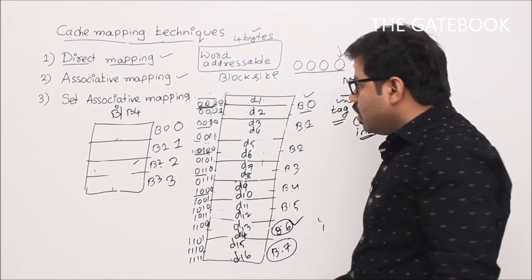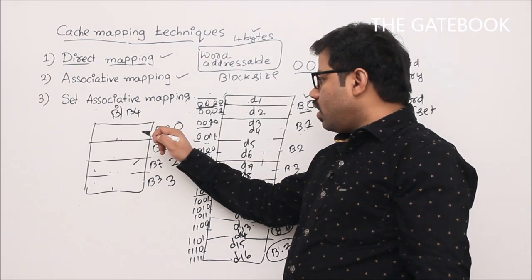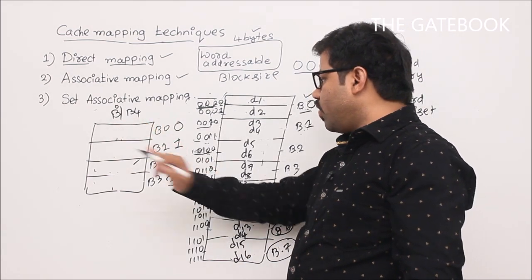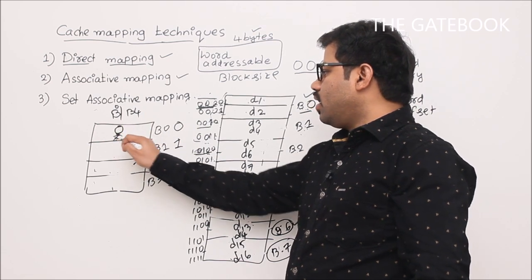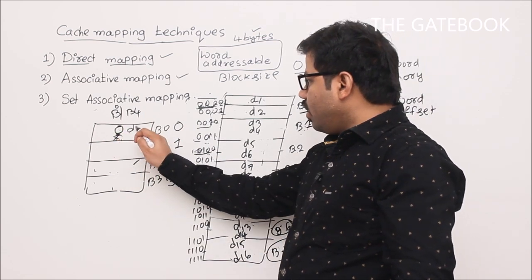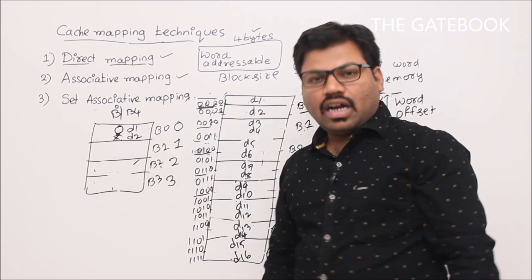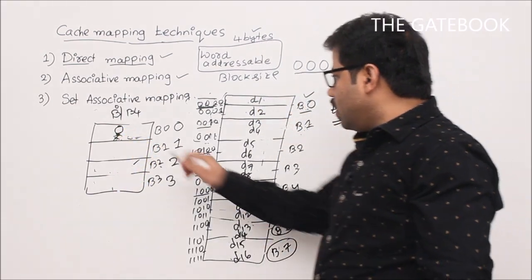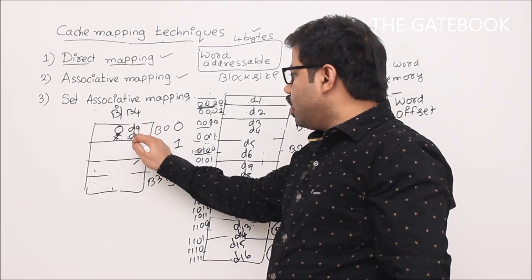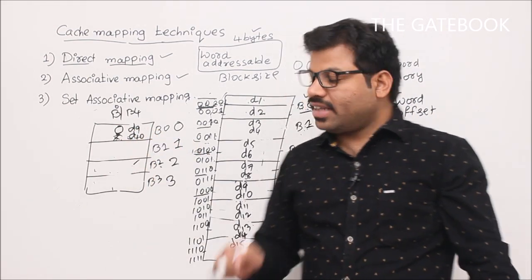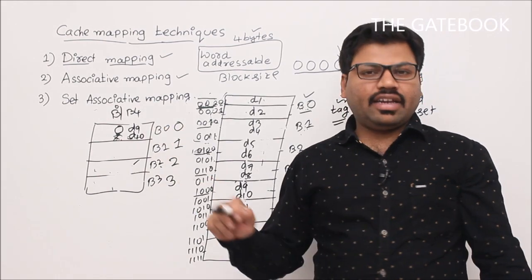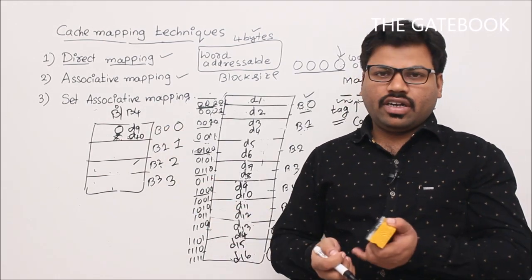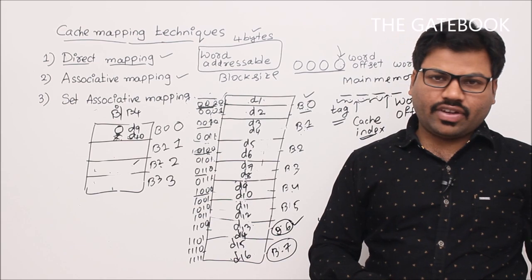Now my question: let's say somehow block number 0 of the cache is occupied. Who is that? One possibility is D1 and D2, 2 words. Otherwise the words might be B4's words, D9, D10. How do you decide which one it is at this moment?